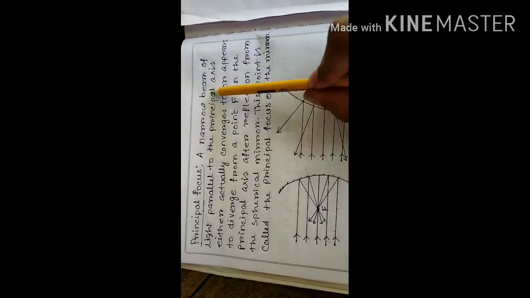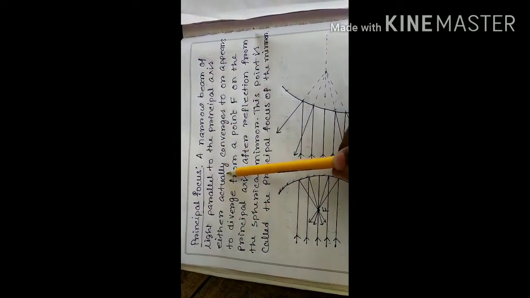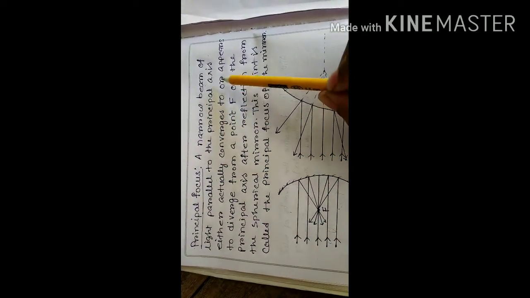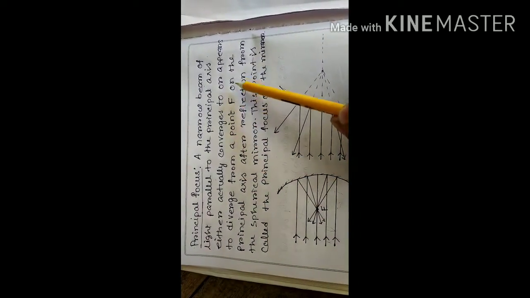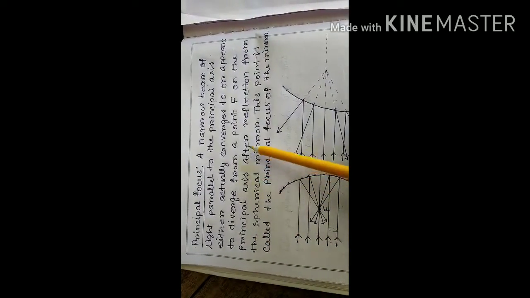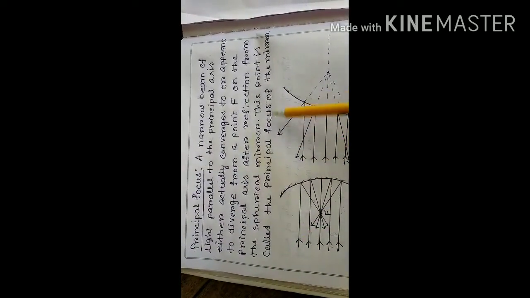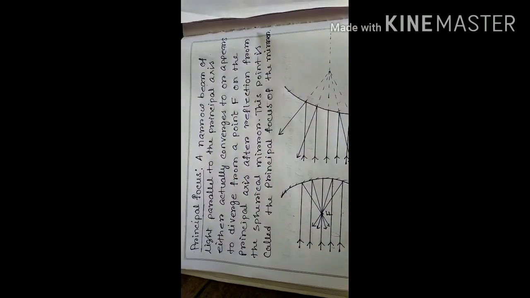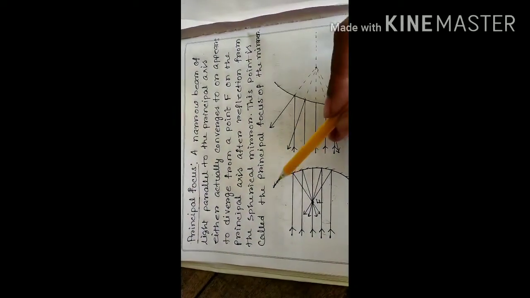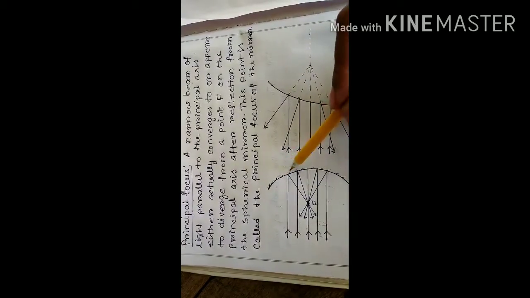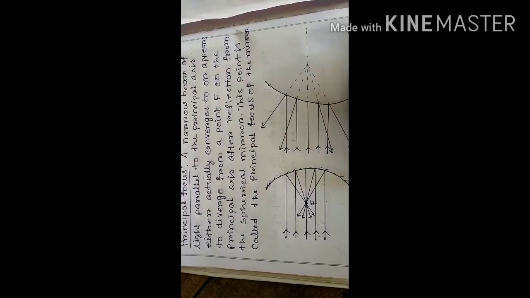A narrow beam of light parallel to the principal axis either actually converges to or appears to diverge from a point F on the principal axis after reflection from the spherical mirror. This point is called the principal focus of the mirror. See, now the principal focus of a concave mirror. This is the concave mirror. This outer surface is non-reflecting and this inner surface is reflecting.